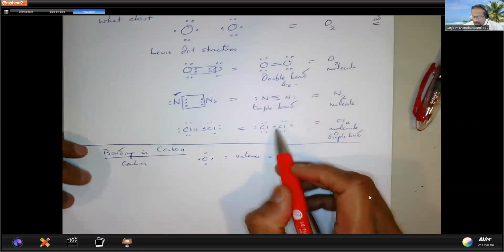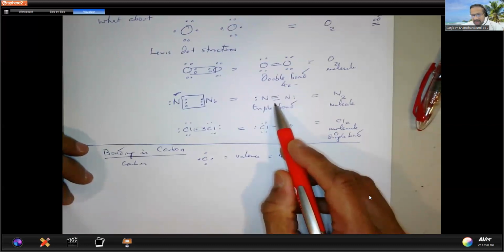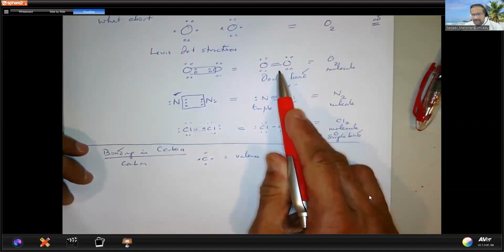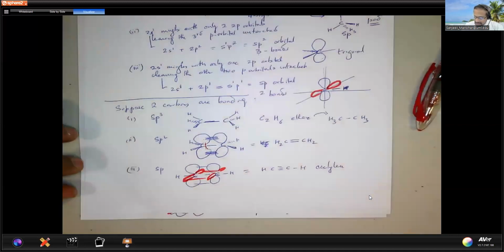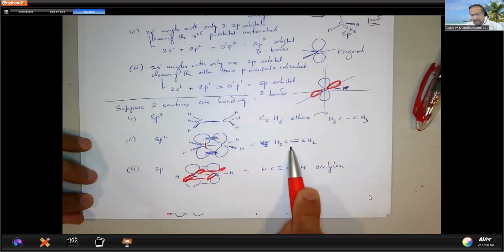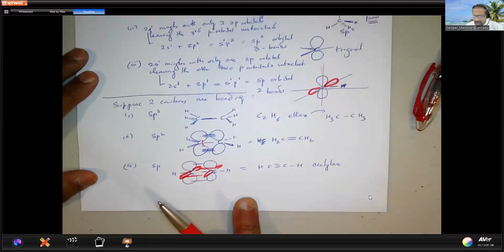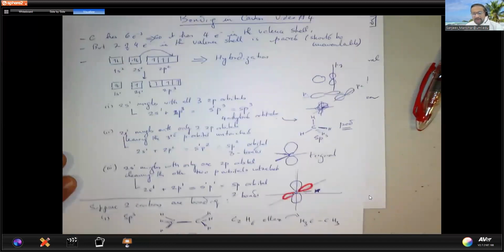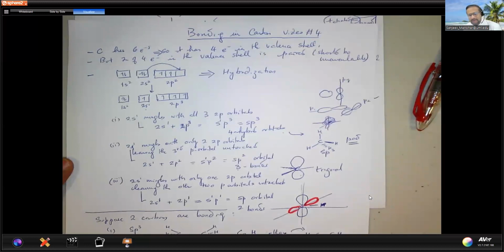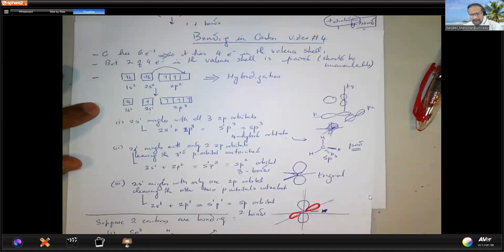Very different from the triple bond we saw for nitrogen, or the double bond for oxygen. Here it's two carbons coming together. There were two nitrogens coming together. So I just wanted to leave it off here because we do a lot of acetylene stuff. I just wanted to go back on the top to see how we started off with the bonding of carbon with four bonds instead of two, and how hybridization explained a little bit.